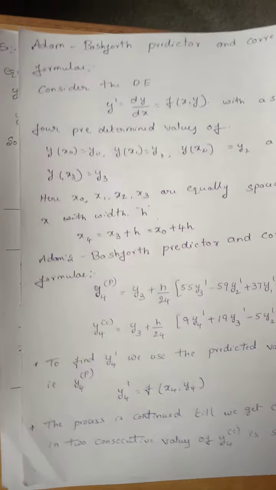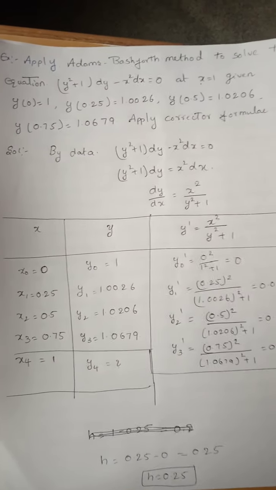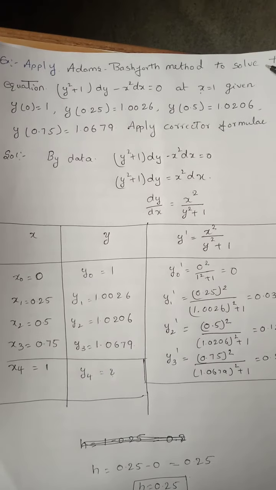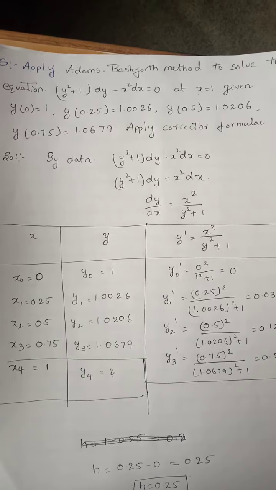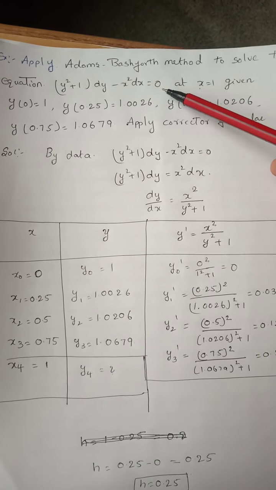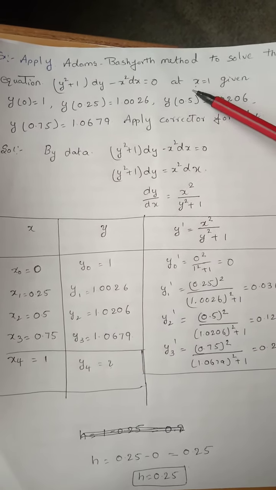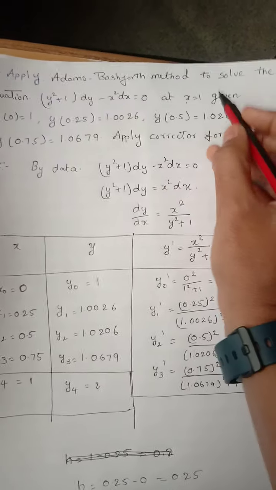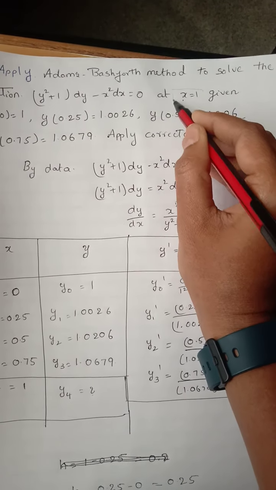Now we solve a problem here. Apply the Adams-Bashforth method to solve the equation. This is the equation they have given. At x equals 1, this is the value we are going to find.